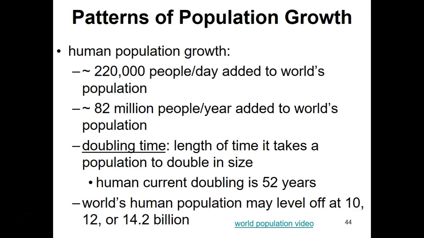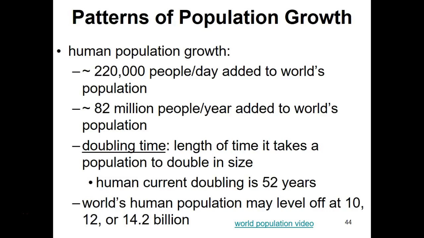The doubling time is the length of time it will take to double the population completely. And right now our doubling time is 52 years. So we think that our population will level off between 10 and 14 billion individuals at some point. But we have just increased and increased this population.